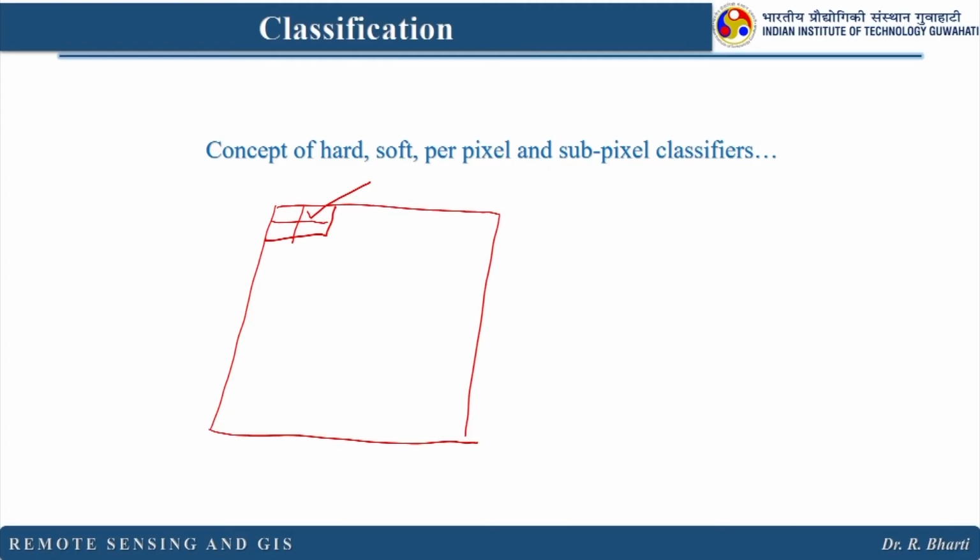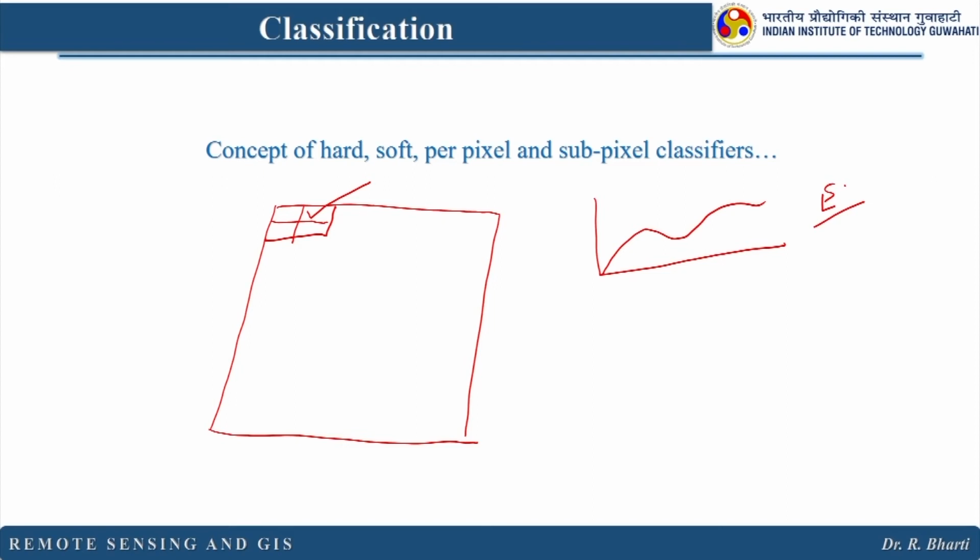So, how are we doing this? We are going to resolve the spectra derived from this image, which we call the end member, into different chemical compositions, right.